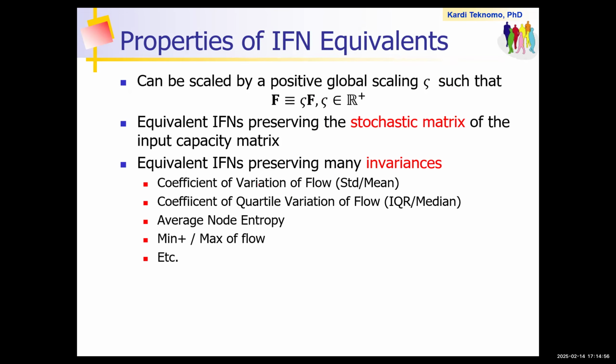For example, the coefficient of variation of flow, which is standard deviation divided by mean, is also invariant. The coefficient of quartile variation of flow, the IQR divided by the median, entropy, or minimum divided by the maximum of flow, and so on, are also equivalent. Let's see this later when we practice.